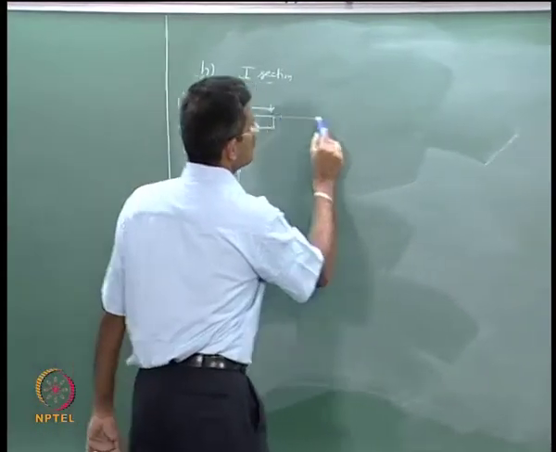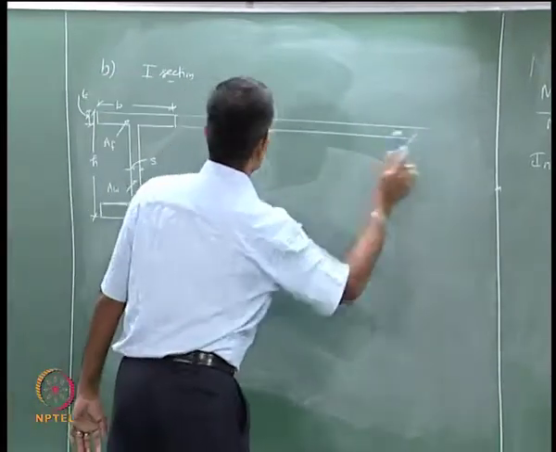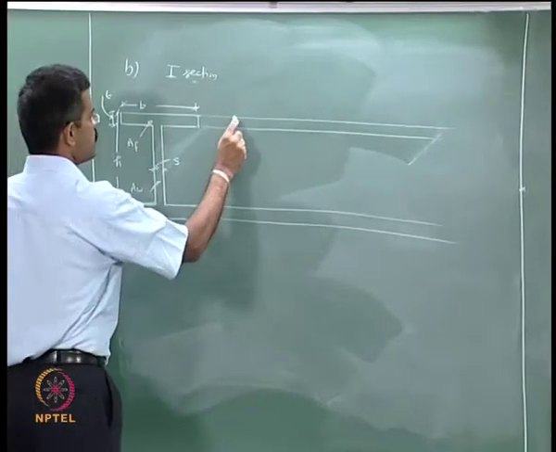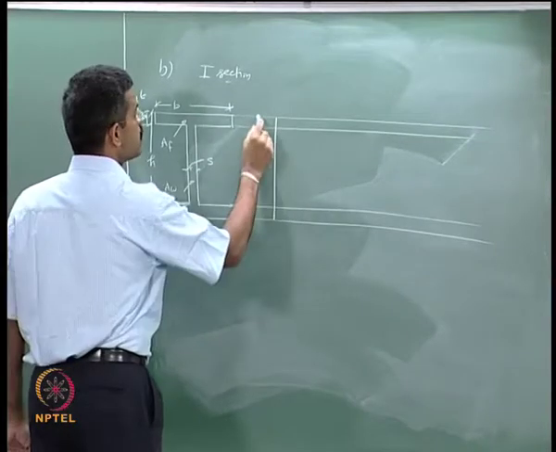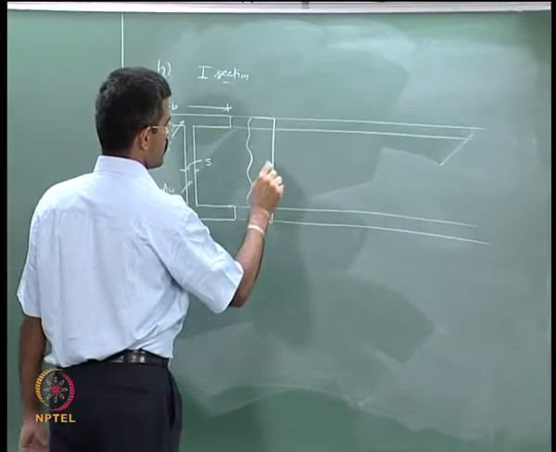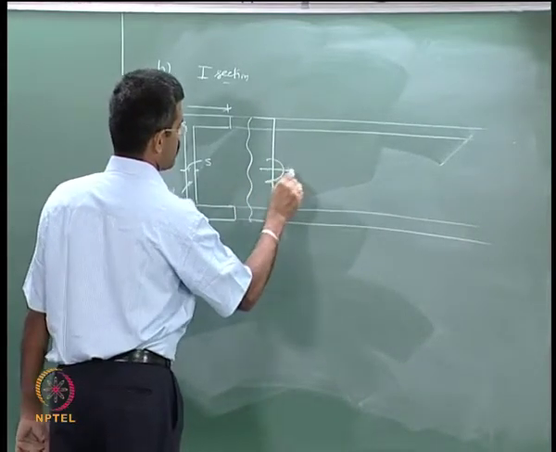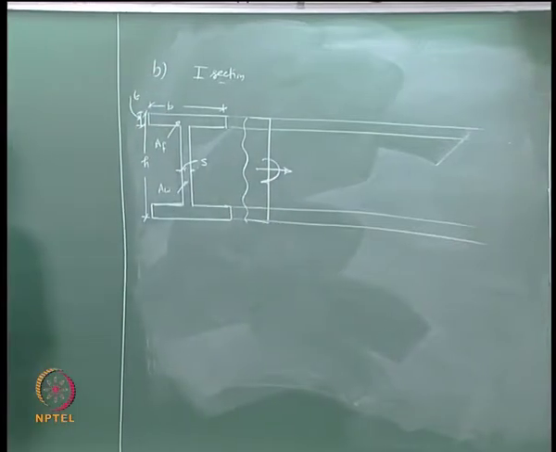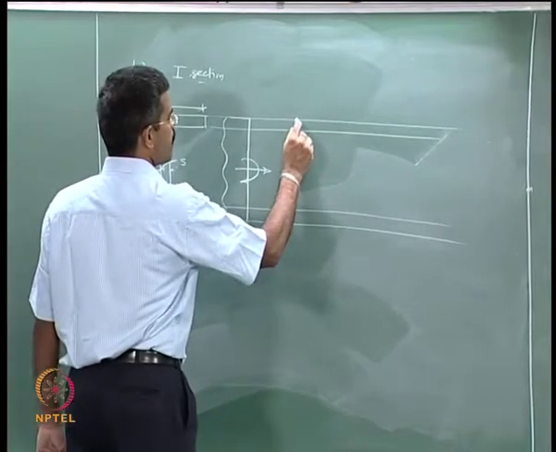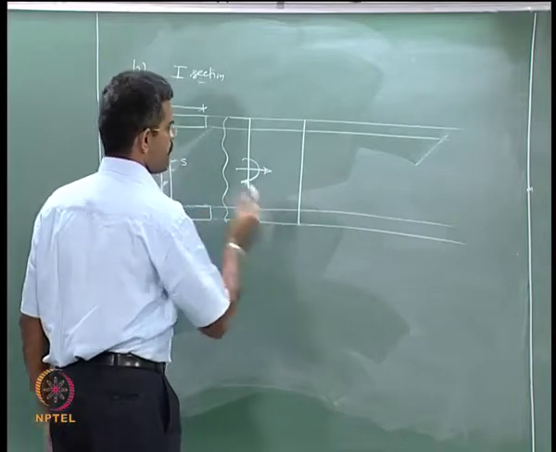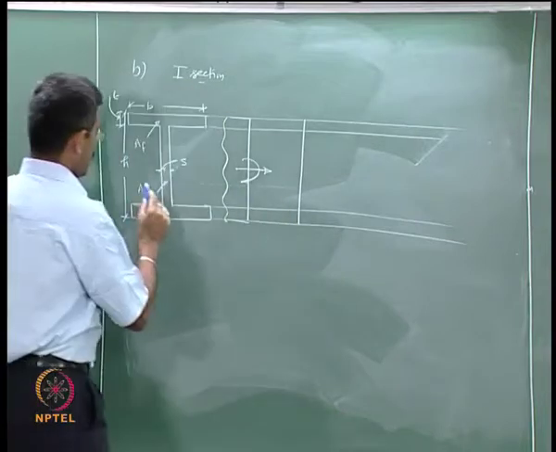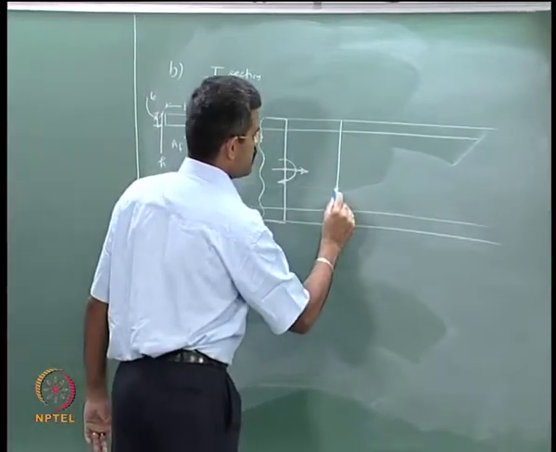Let us say I have a stress distribution, this is subjected to bending and axial force. So, the stress distribution goes like this. Okay, by the way, what is this axis called, where I am marking the stress 0?